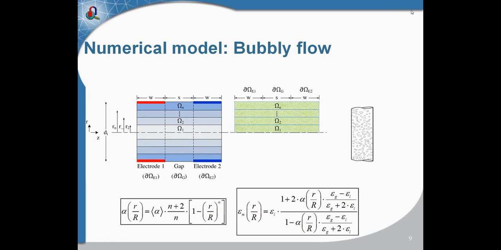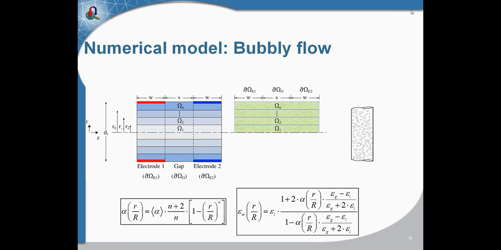And knowing the distribution of the void fraction along the radius, a so-called mixture relative permittivity can be calculated. Therefore, the model given by Maxwell is used, and the model is outlined here in the right box.